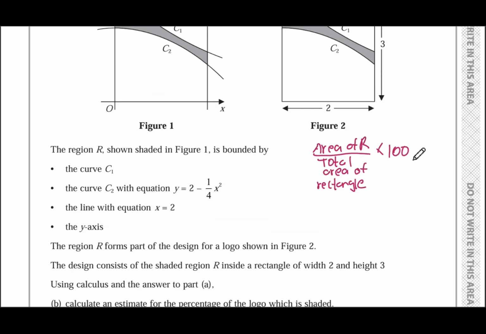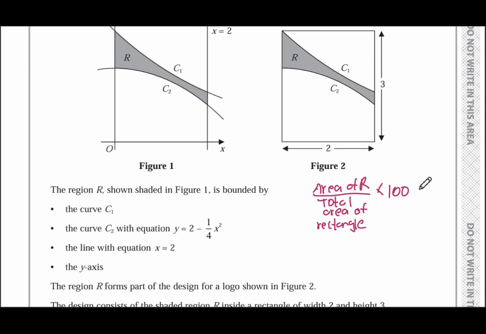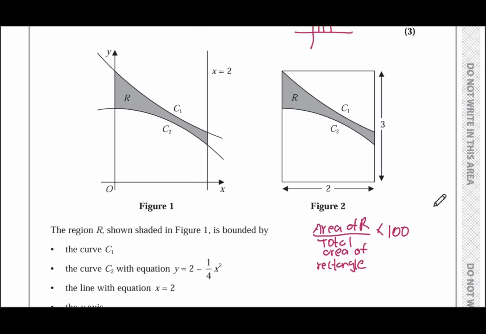Alright guys, so how would we go about solving this? It's pretty straightforward. Region R can be found if I get the area under curve C1, all of this stuff under that line.